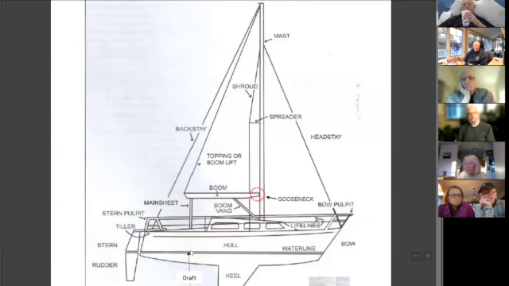Could be your VHF antenna or whatever. On a power boat, it could be the Dodger, it could be anything that's on it. It could be something that's loaded on a boat, like some of the container ships. But air draft is from the waterline up, draft is from the waterline down.